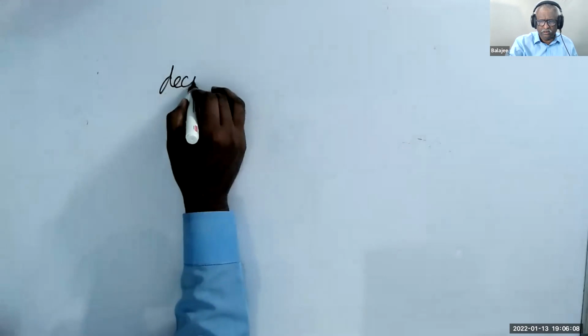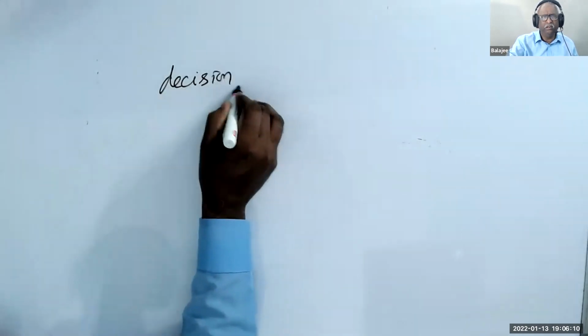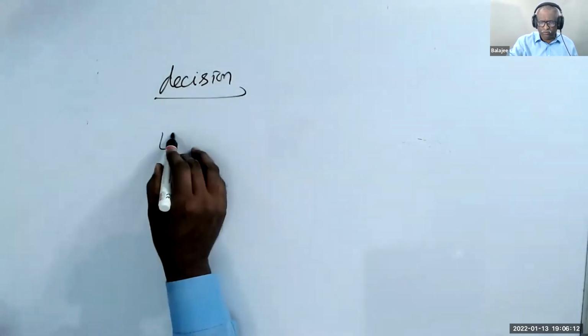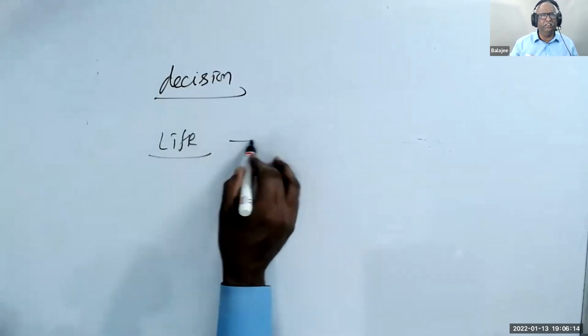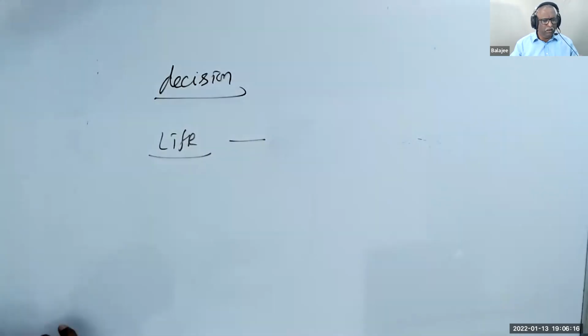The main portion where we get stuck is on decision. Generally, in your life also, we get stuck in decision making, because somebody always takes decisions for us. Whether at school or college, or what job you have to go for, whether you have to study in India or travel outside, you have so many things.